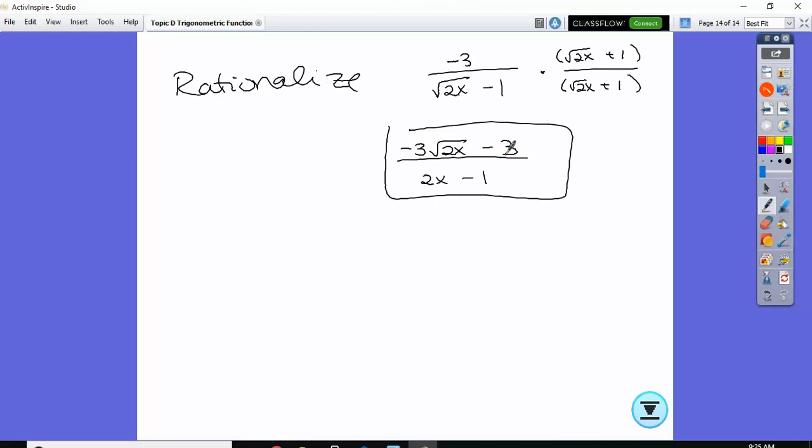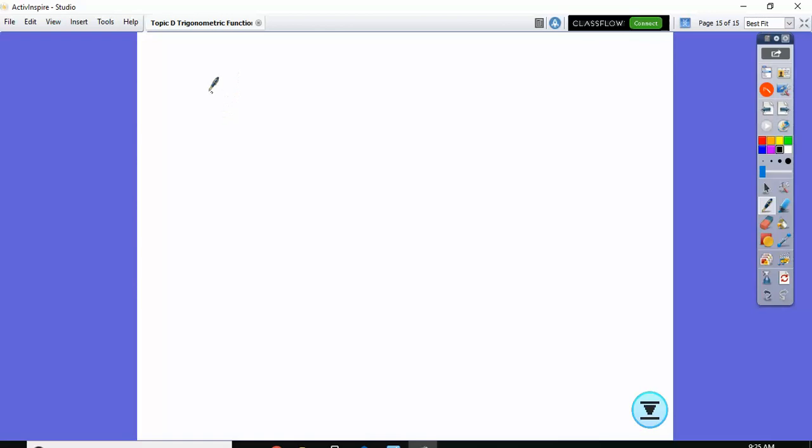Increasing and decreasing. Are we good with all that? Do I need to run through any of it? How much time do I have? We talked about evaluating functions, domains.